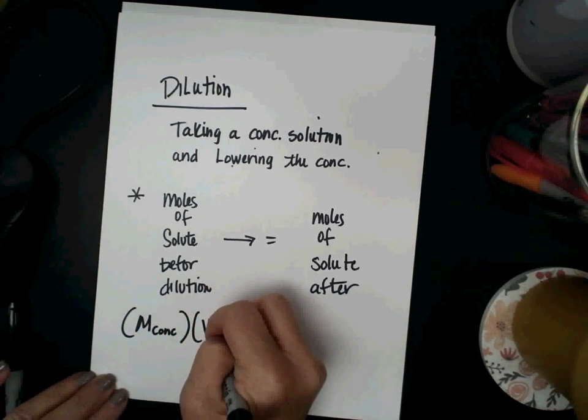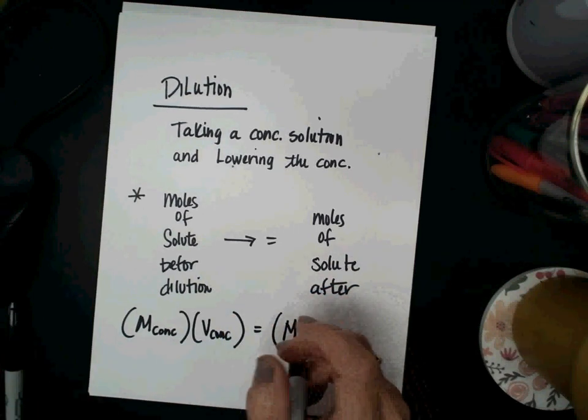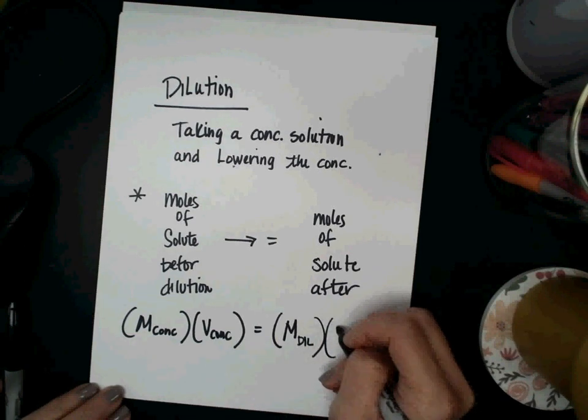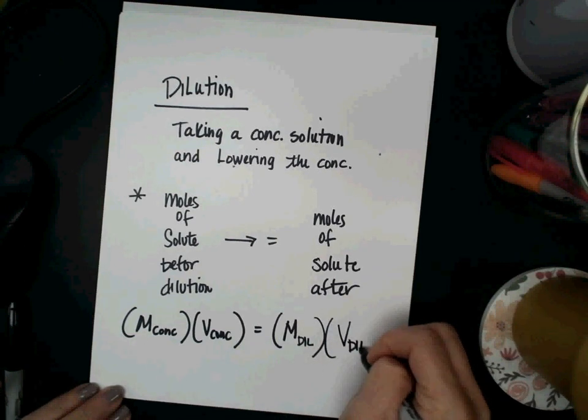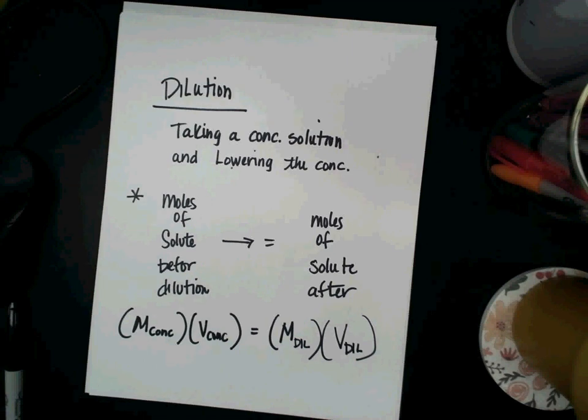You take the molarity of the concentrated solution times the volume of the concentrated solution, and set it equal to the molarity of the dilute solution times the volume of the dilute solution. And you can find any one of those 4 things really easy. It becomes a nice linear equation.